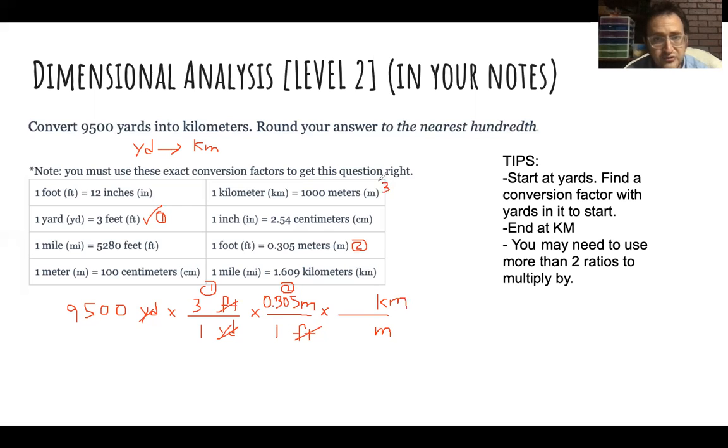So I'm going to choose for my third one, that one. And there are 1,000 meters in 1 kilometer. And then we just multiply across. So note, we are going to just multiply across in the numerator and the denominator.